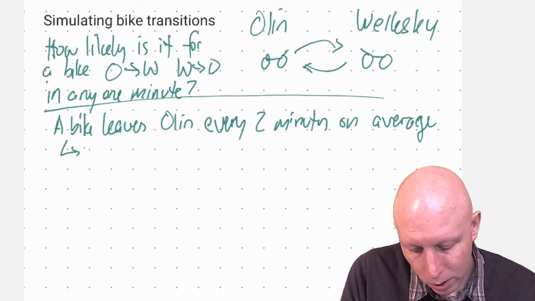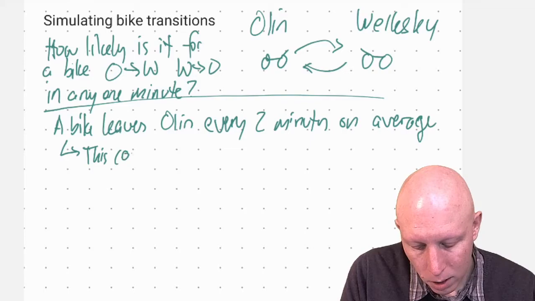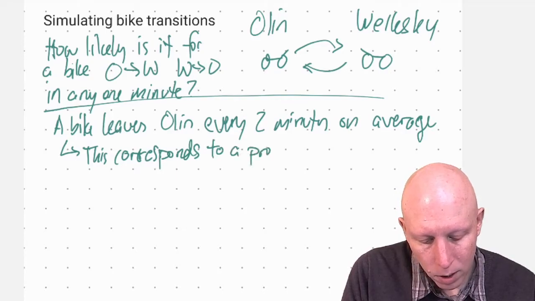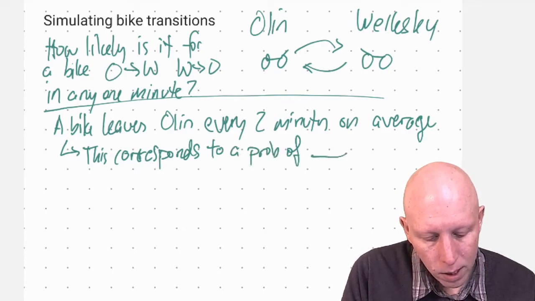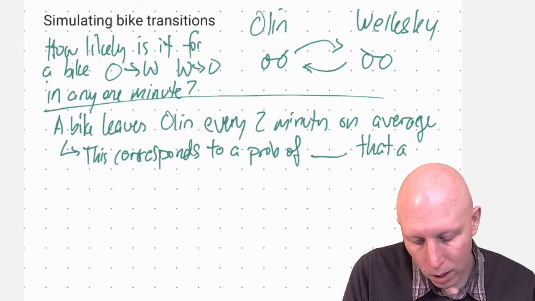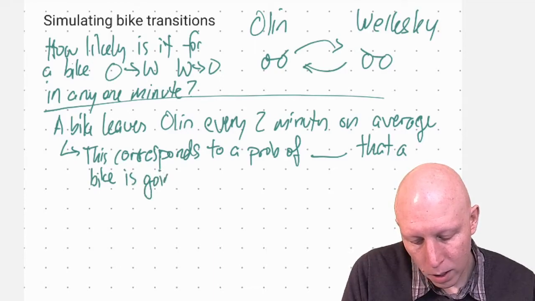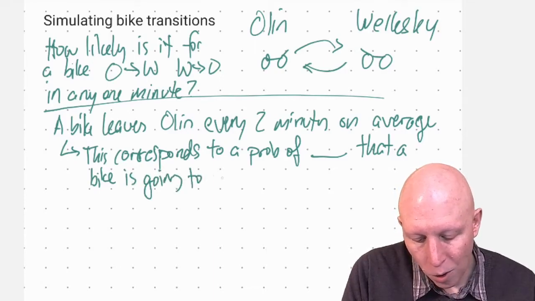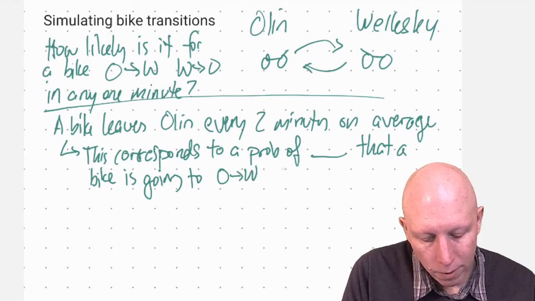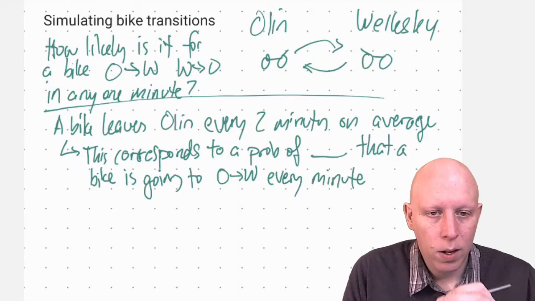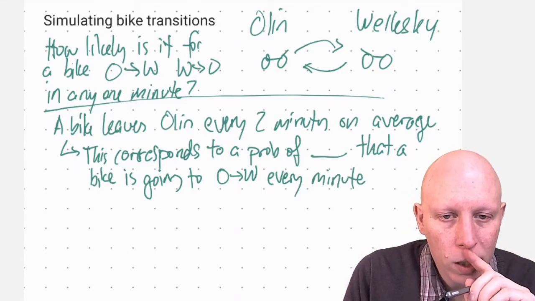So this corresponds to a probability that a bike is going to leave to go from Olin to Wellesley every minute. Okay, so what is this probability?